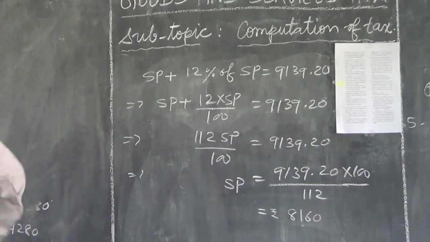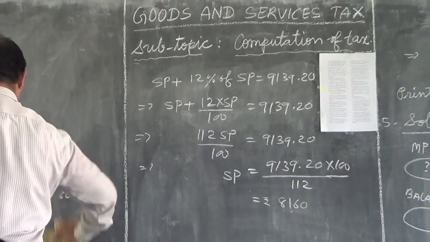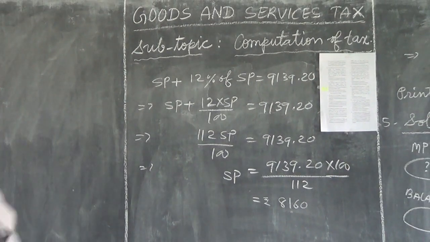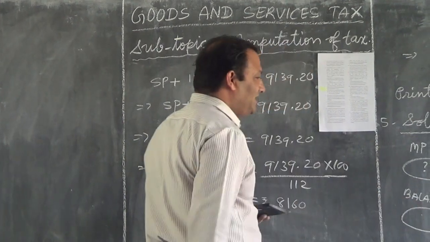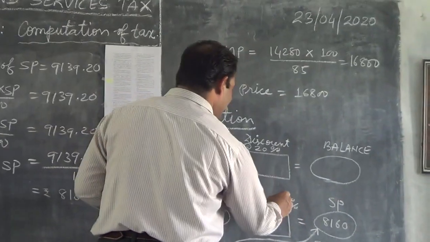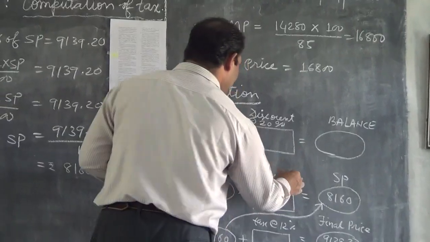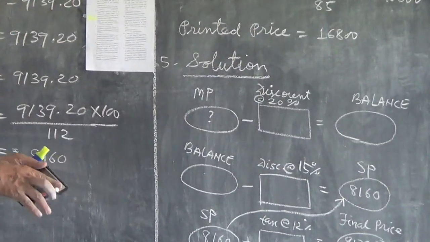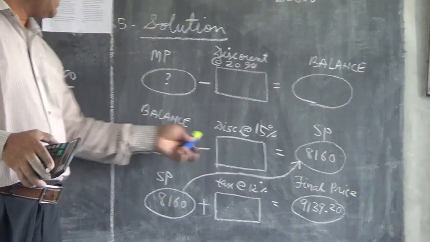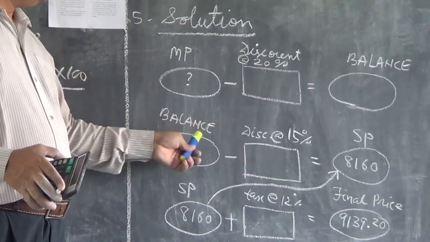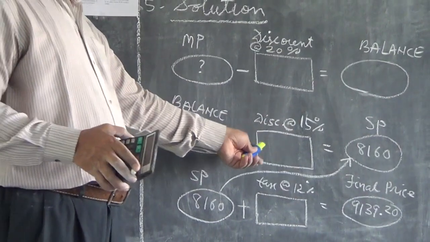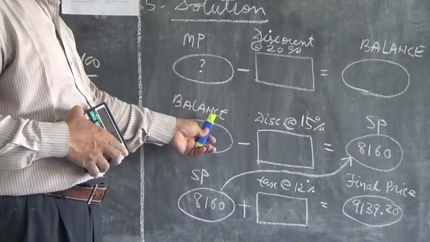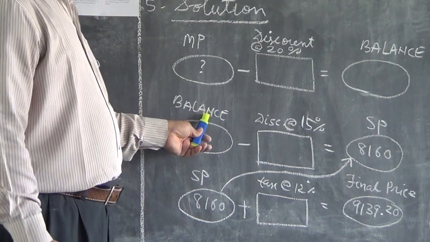So here what we can do now, instead of writing balance, you can put one variable there. Here this is 15%. So balance minus discount percent of balance, because this 15% is to be calculated on balance.